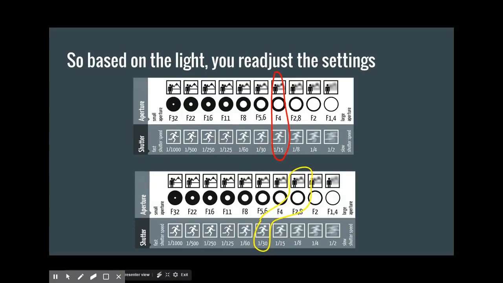But just like before, different combinations still work. So if this is our new normal, we can say, you know what though? 1/15th is just going to be too much motion blur for me. I can't really go at anything lower than 1/30th. So I'm going to do 1/30th. I'm letting in a little less light with my shutter speed, but then I'll just let in more light with my aperture, and I'll just have a more shallow depth of field photo.